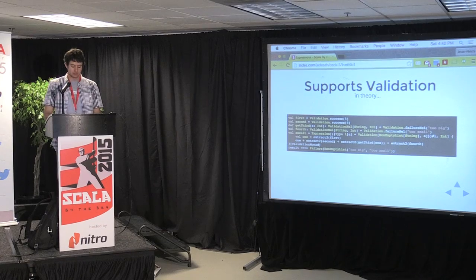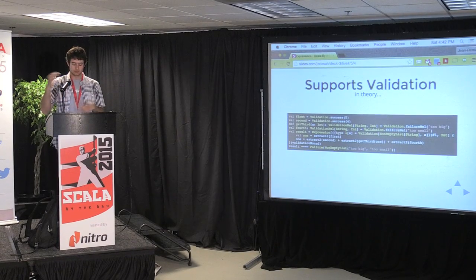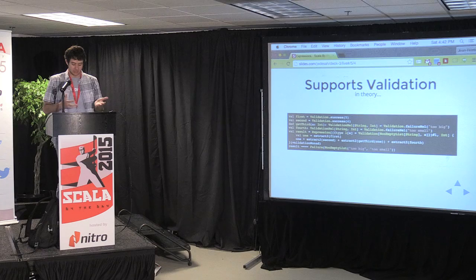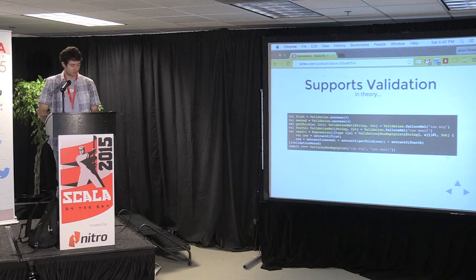And so that way, you can have this big blob of code, and if you have dependencies, then obviously if A fails, and you need A in order to produce another validation, then you won't get any errors from that validation because that validation was never able to be created because you didn't have the A. But if you have a bunch of things that are independent, then you can accumulate errors. So in this case here, if we look at the content of the expression, sorry, that's a little bit small, I'm realizing now.